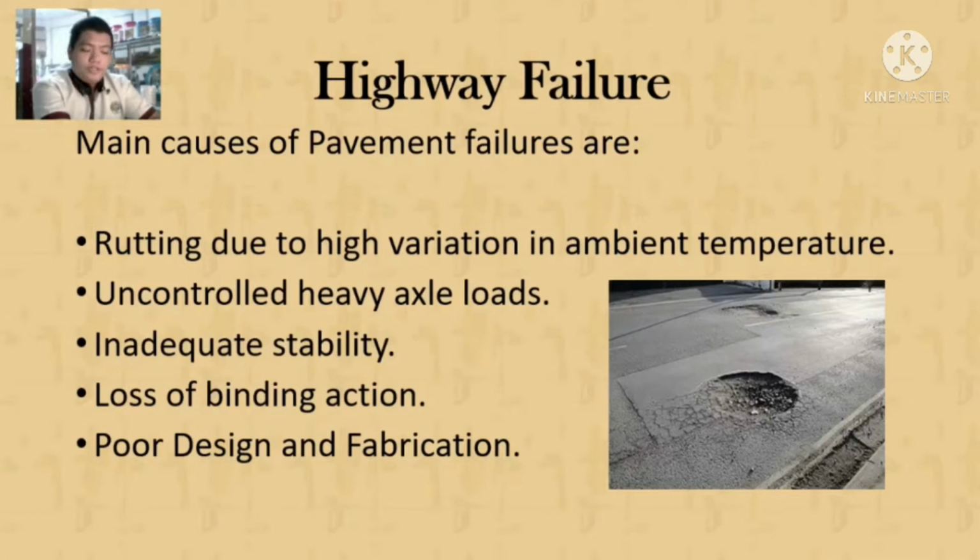As a result, the bitumen becomes more brittle, cracks appear, and consequently the pavement life is shorter. Uncontrolled heavy axle loads: if the highway or the pavement couldn't handle the vehicles passing by carrying heavy loads.